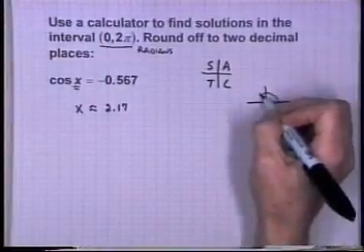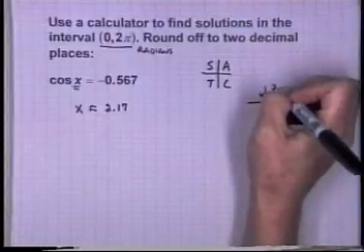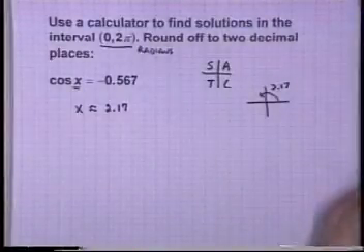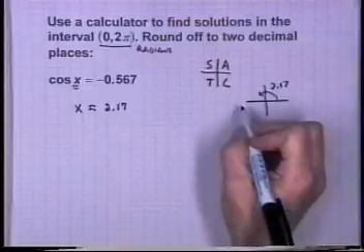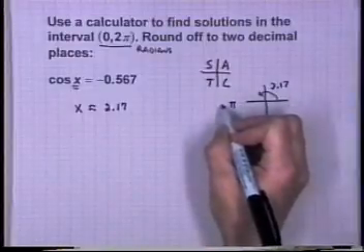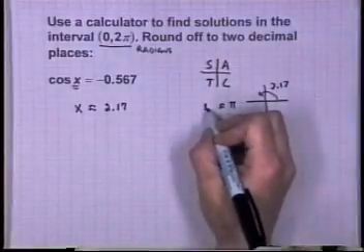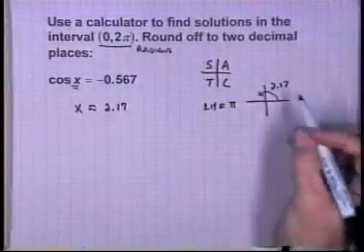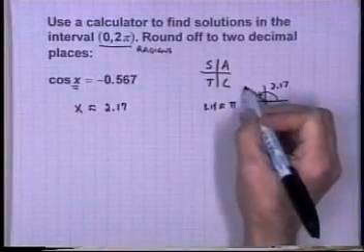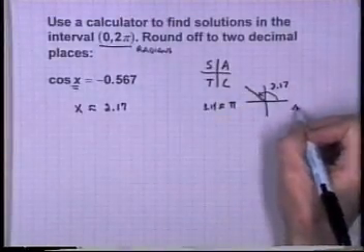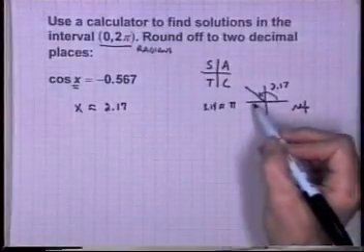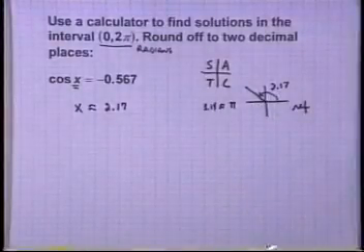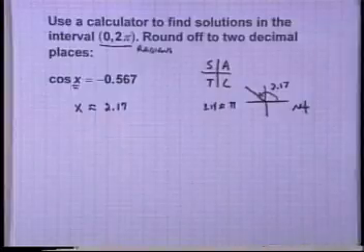Well, now let's talk about what this calculator solution is telling me. This is taking me over here to quadrant 2 with a 2.17 value. Now remember, we're working in radians. Over here is pi, which is approximately 3.14. So what I'm going to do is get my reference angle here by subtracting this 2.17 from 3.14.